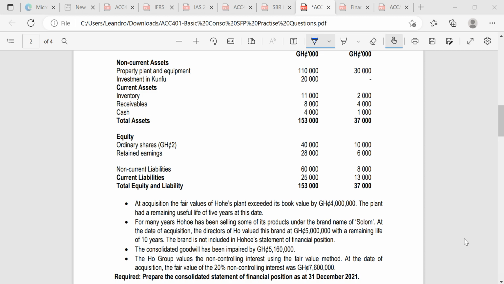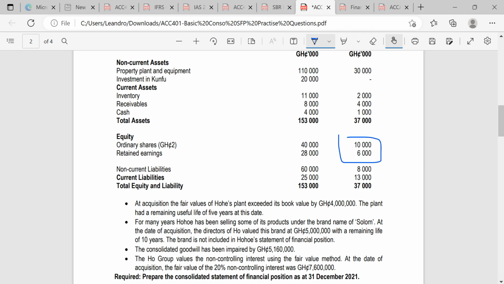So what this means is your share capital and your retained earning at acquisition, which is equal to your net asset. These two figures are your net assets. The implication here is that there are some assets that are not at fair value.